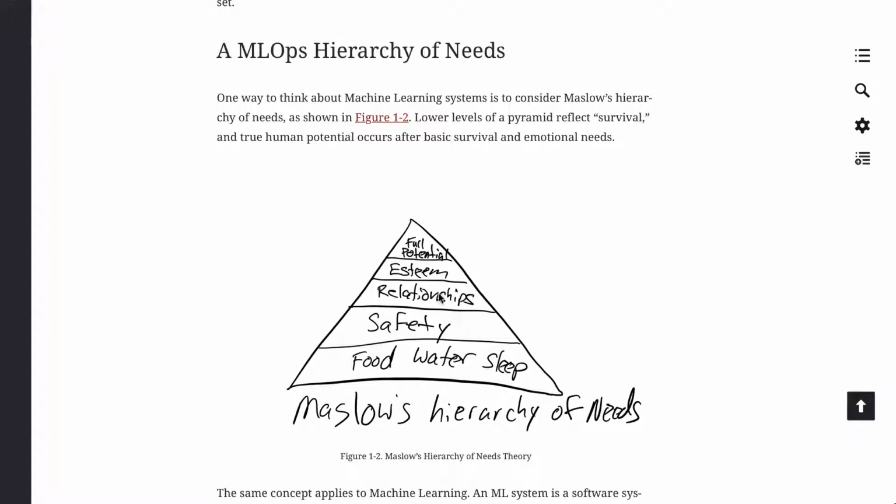Relationships, if you have people that can mentor you and help you and work on things, that's very important. Esteem, another one, right? Once you have confidence in your ability, then you eventually can get to the point where you have your full potential, and your ultimate capability is exposed once you're able to go through this pyramid.